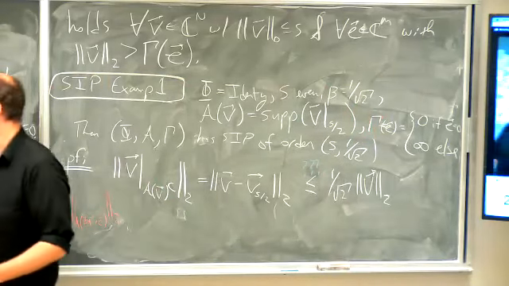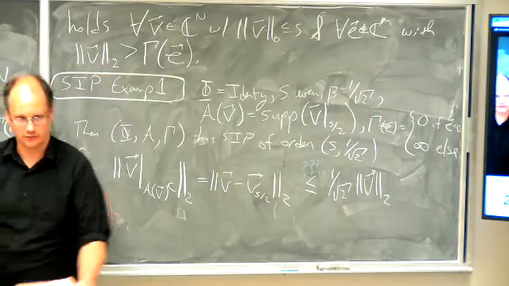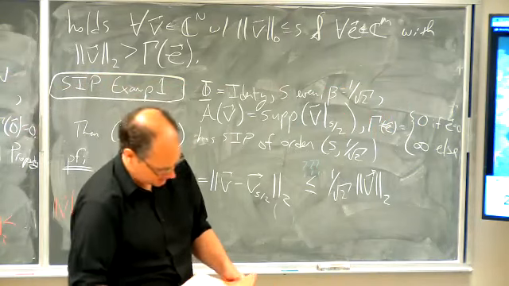And we don't have to worry about errors because our gamma is trivial, so errors have been thrown out already. Okay.